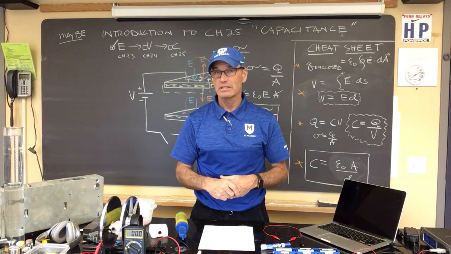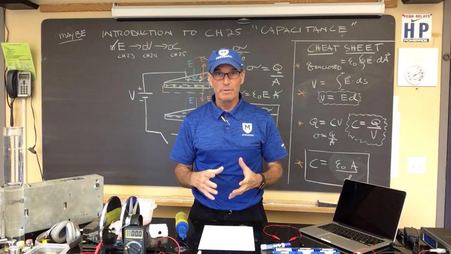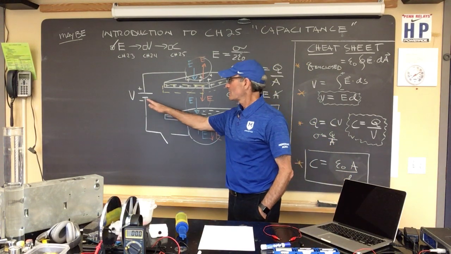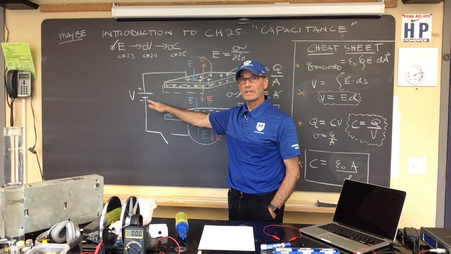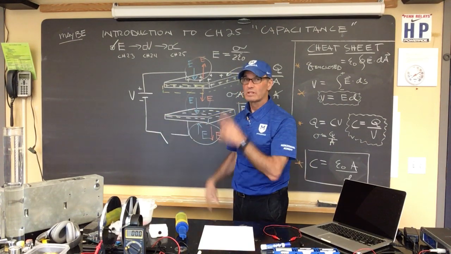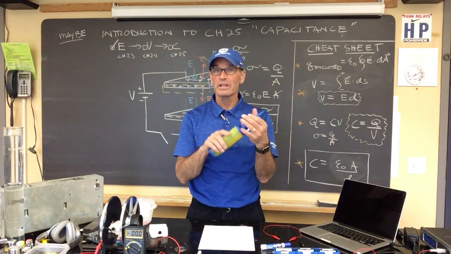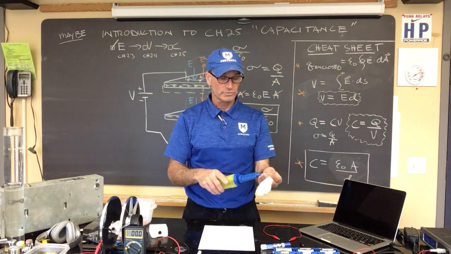Let's go back to the simple basics. Here's the analogy I want to provide for you, as I consider this battery as a pump. It's a source of electric charge. We're going to pump them onto this, push them onto the parallel plate. I have here, once again, my balloon pump, and I have a balloon.